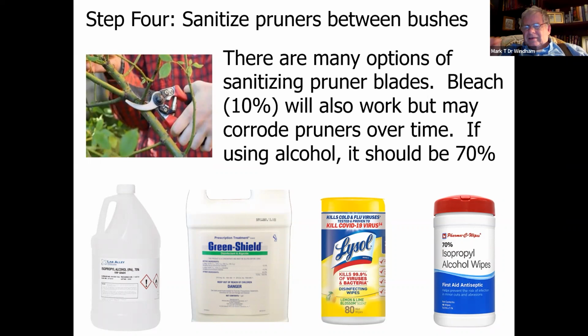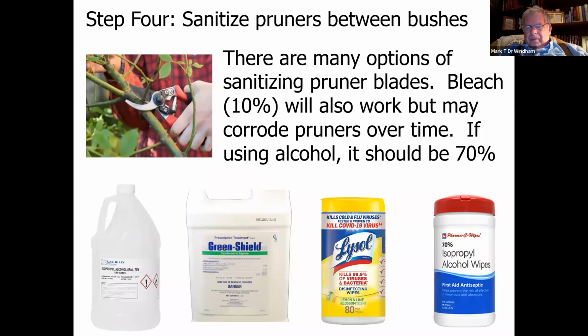On the other hand, at 70%, that extra 20% water makes the alcohol much more readily penetrate the cell wall of the bacterium, or the membrane, if there is a membrane, of the virus particle, or the protein coat of the virus particle. It will break it down much more readily than 90%.